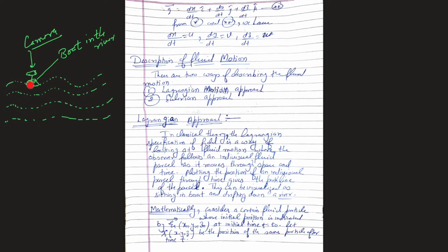Say this is one particle following this path, another particle following this path. This difference is due to the initial position of the particle. That is, what was the initial position of the particle, and due to that this difference has arisen.